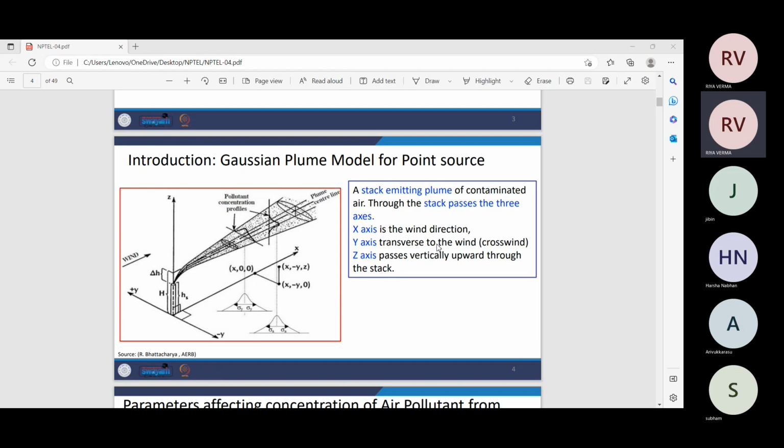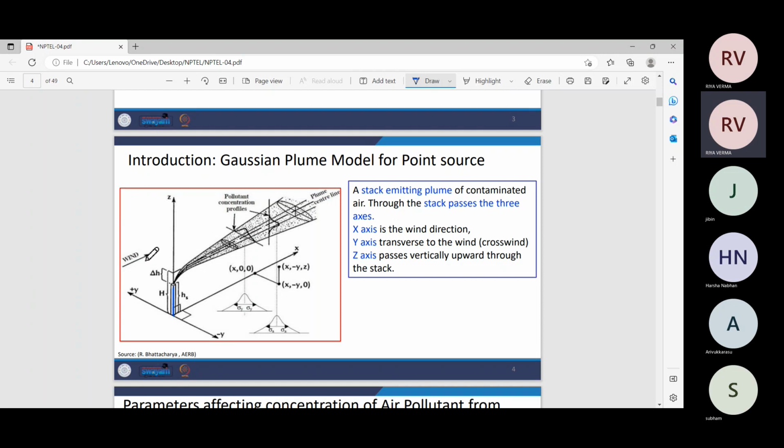For example, a stack emitting a plume of contaminated air is an example of a point source. So let us assume that there's this stack here, and assume this stack to be in your Cartesian plane.